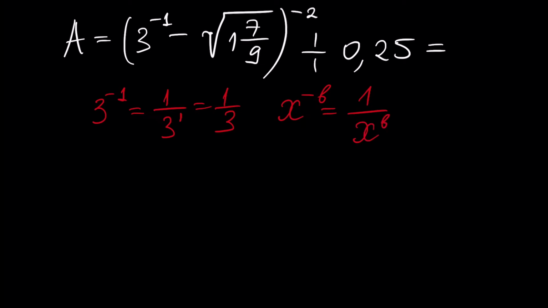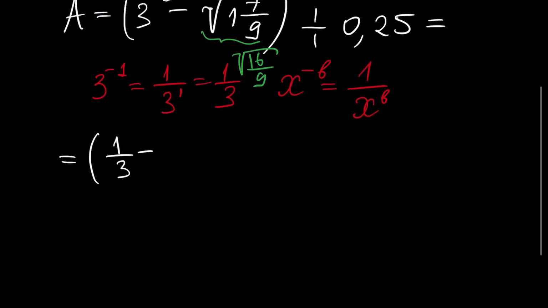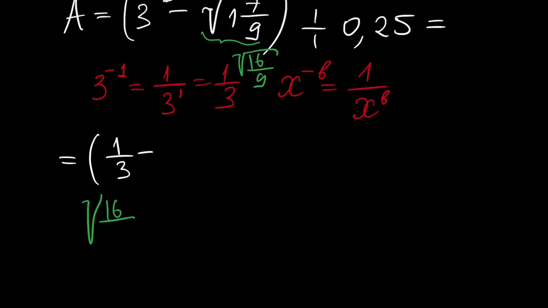And that's why we can rewrite our a as 1 over 3 minus the square root of our mixed number with whole part 1 and fractional part 7/9, which can be written as 1 times 9 plus 7, which is 16/9. And 16/9, let's write it here, 16/9.